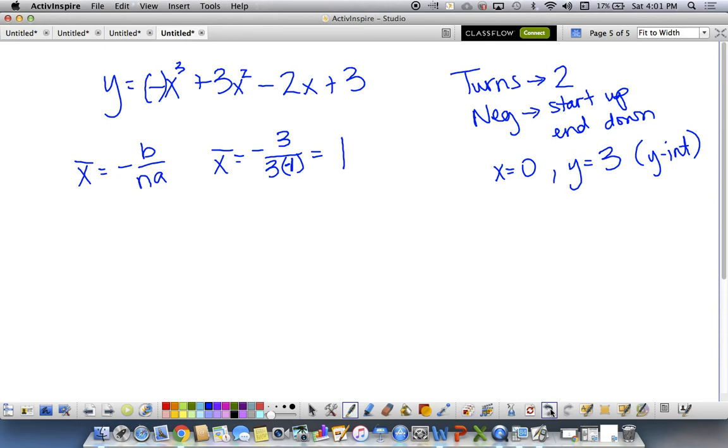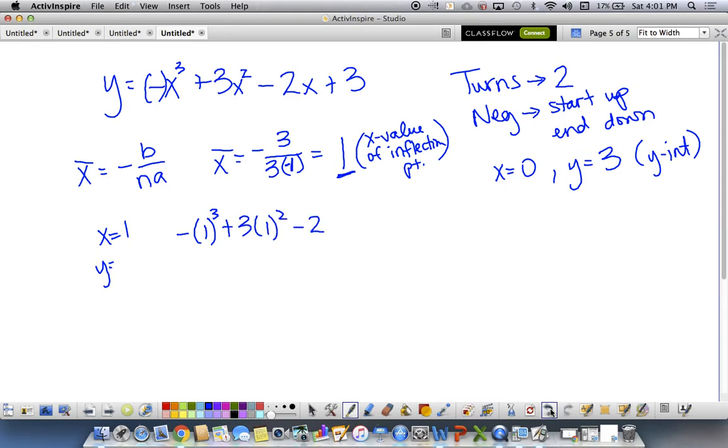That's our x value of our turn or our inflection point. So if x equals 1, what does the y equal? I'm going to go back to my equation. Negative 1 cubed plus 3 times 1 squared minus 2 times 1 plus 3.